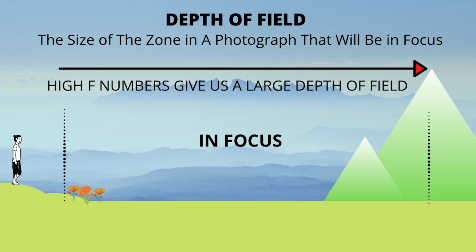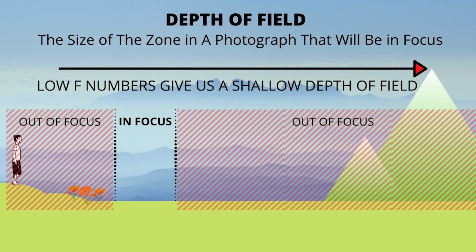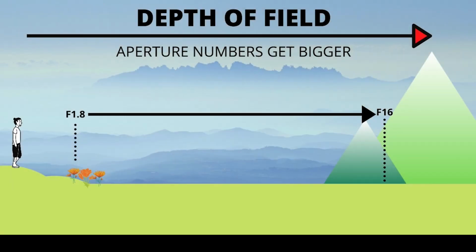So if we wanted to take a portrait of a person, and we wanted the foreground to be a little bit blurry and the background to be blurry as well, we would use a really low f number, maybe f1.8 or f3.5. When we're taking landscape photos, quite often we want the foreground and the background to be in focus, and that's why we use a higher f number when we take landscapes.